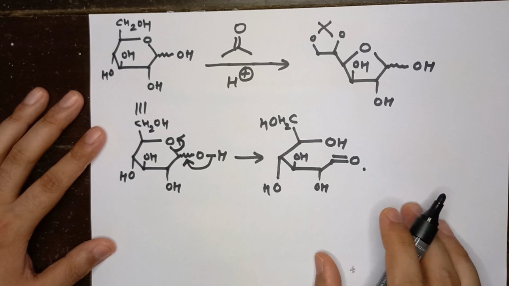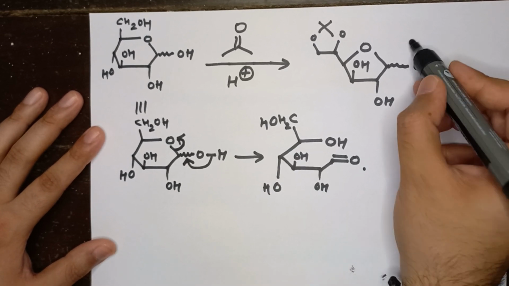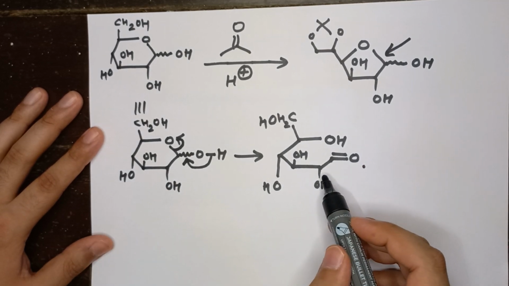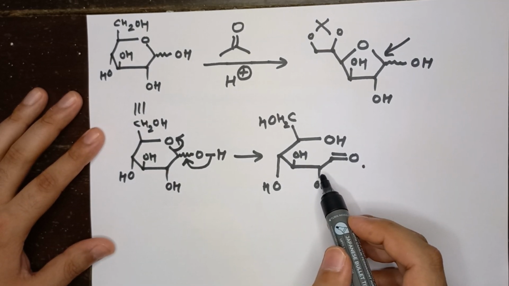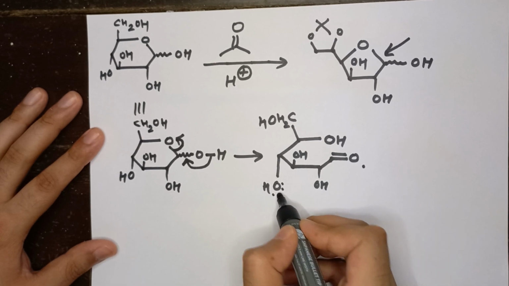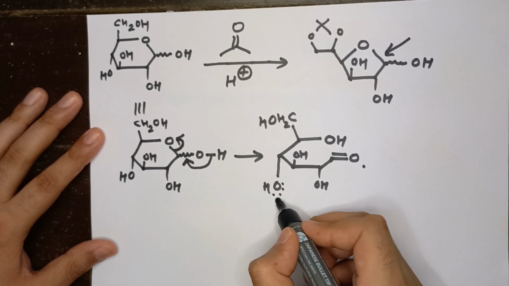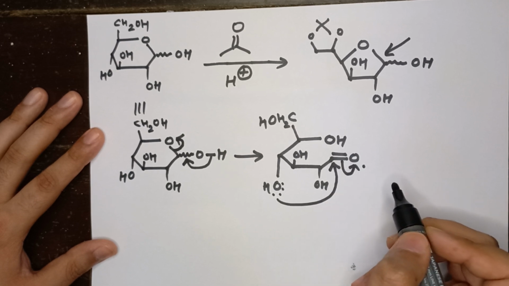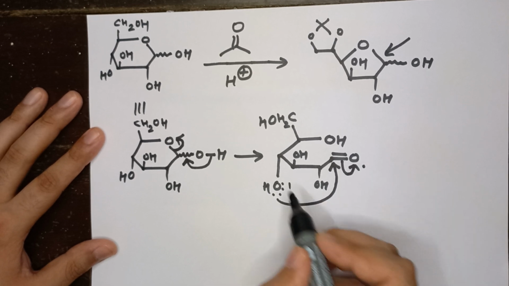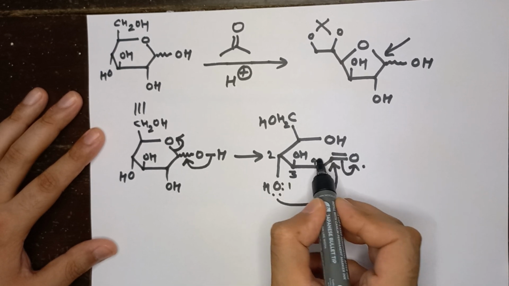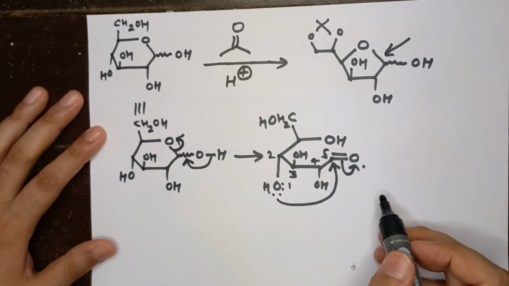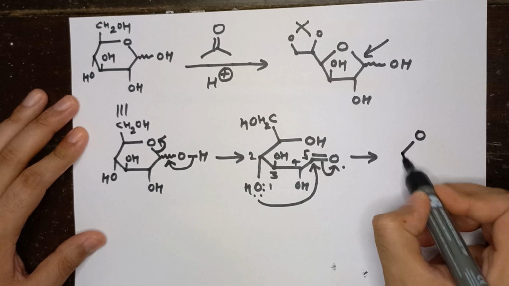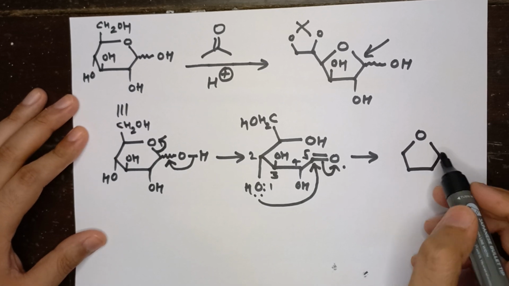And this is my intermediate. Well, in the product I can see a 5-membered ring, 1 2 3 4 5. So I have to cyclize in such a way that I get a 5-membered ring. This oxygen lone pair can attack at this carbon, opening this CO bond, and this will give me a 5-membered ring, 1 2 3 4 and 5.